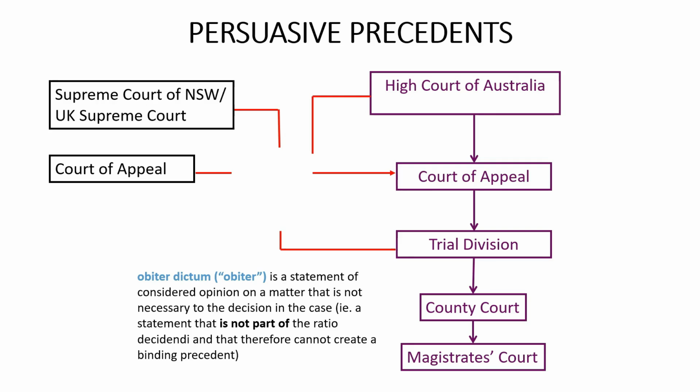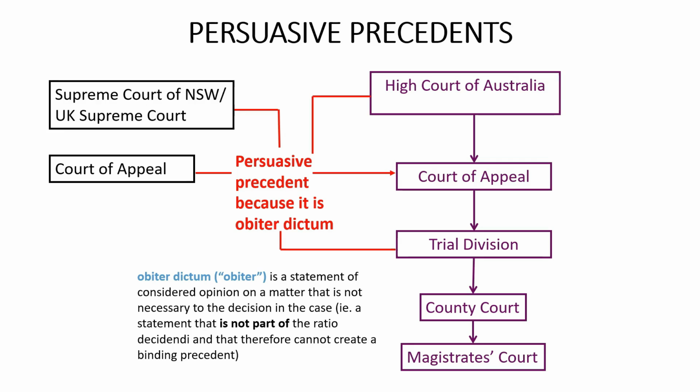That is, they can be binding on a lower court in the same court hierarchy. However, because obiter dicta is not part of the reasons for the court's decision, that is, it's not part of the ratio decidendi, then it can only ever be a persuasive precedent.